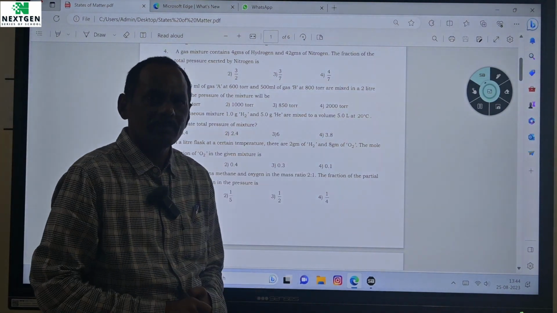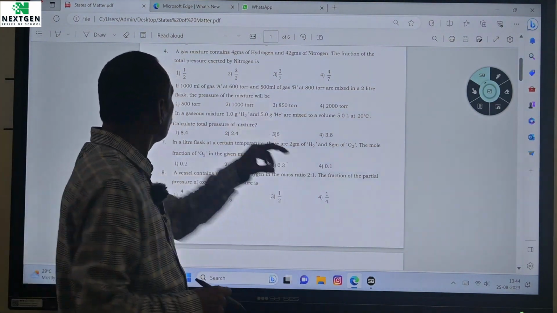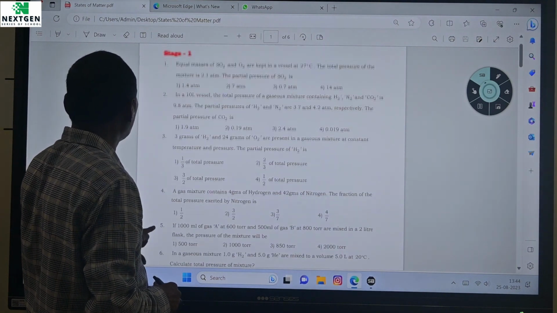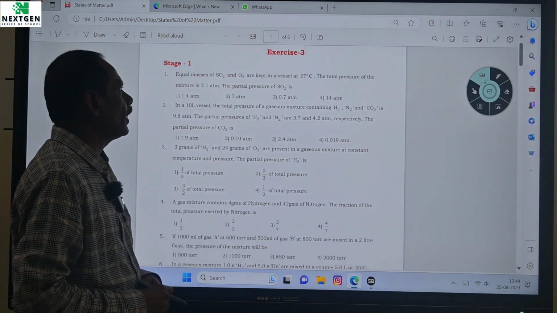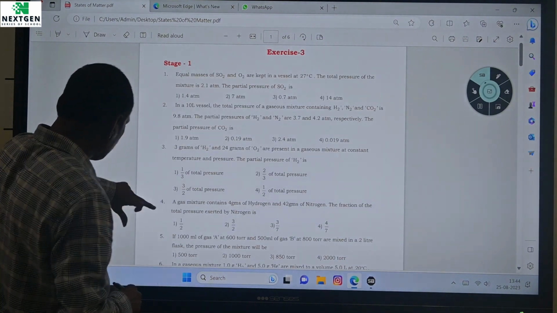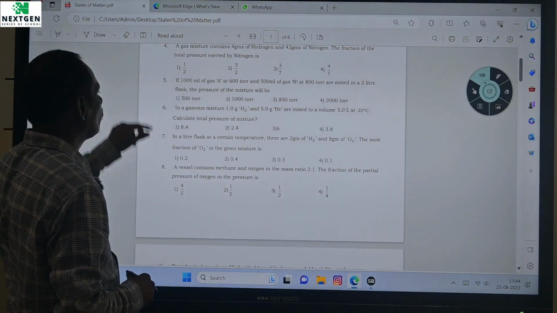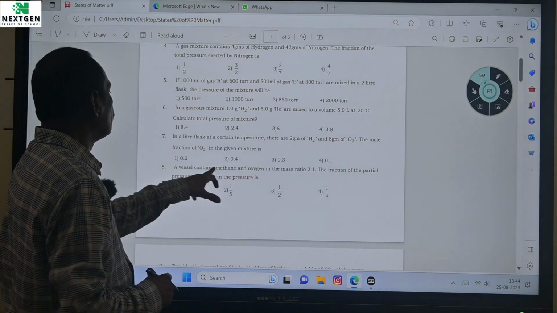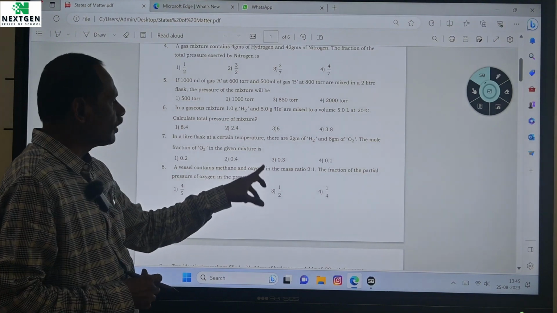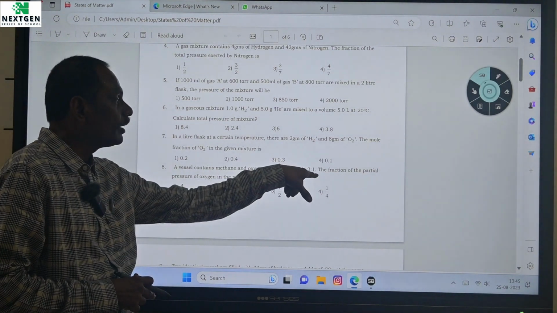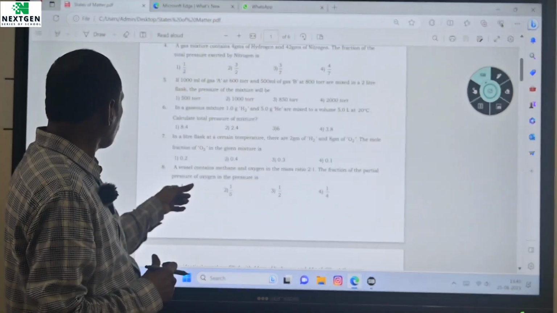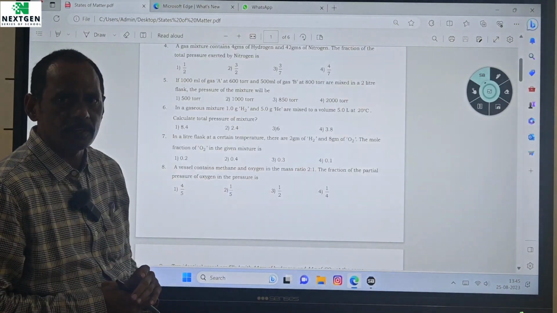Then coming to the next one: a vessel contains methane and oxygen in the mass ratio of 2:1. In our first problem, equal masses of SO2 and O2 were taken. But in the 8th problem, a vessel contains methane and oxygen in the mass ratio of 2:1. Find the fraction of partial pressure of oxygen in the pressure.